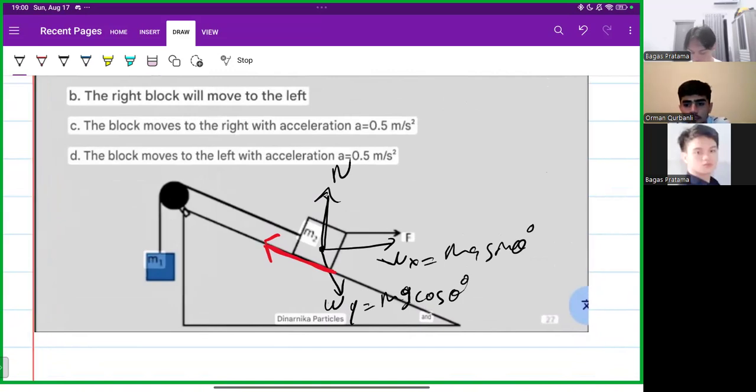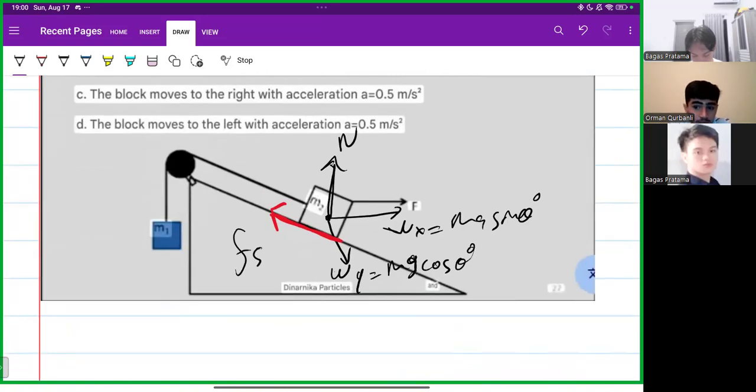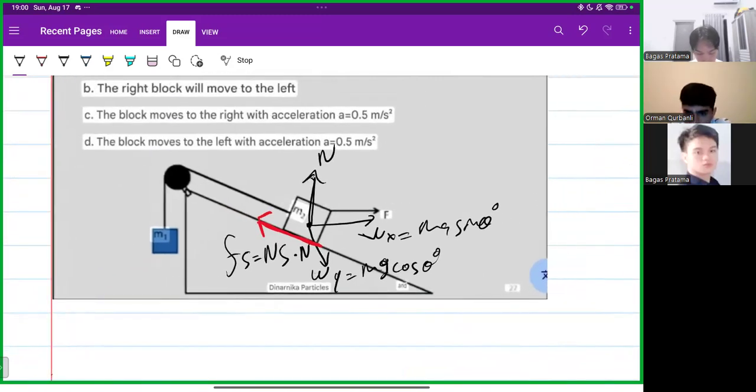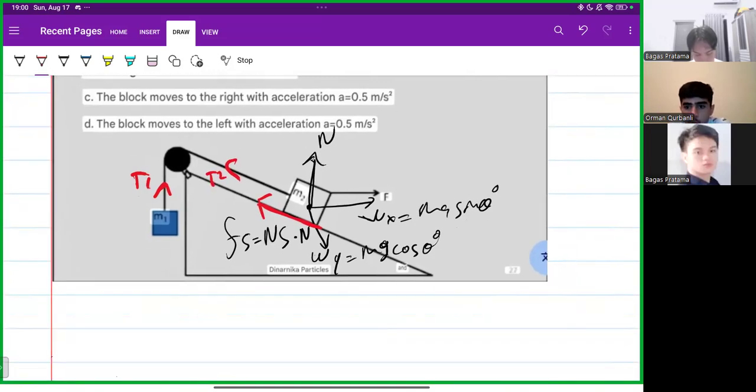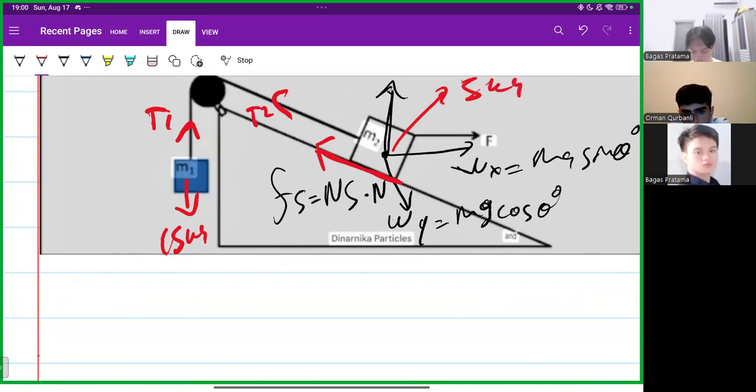The formula of the static friction is mu s times N, and for the rope it is T1 and T2. And this for the mass is 15 kilograms, and this 5 kilograms.